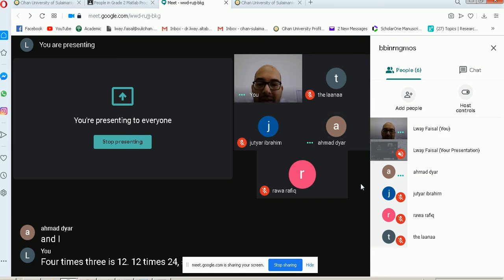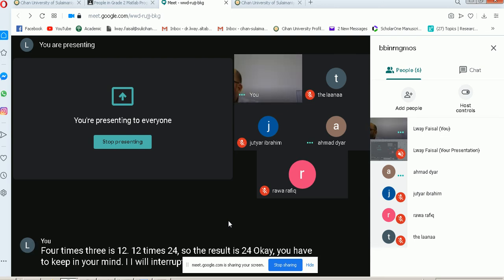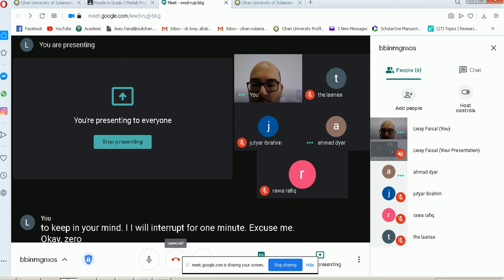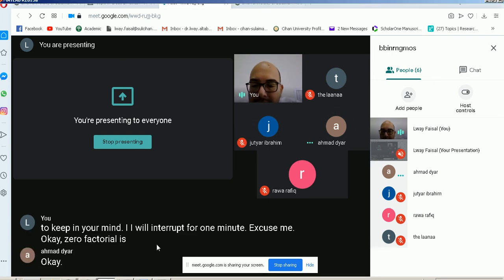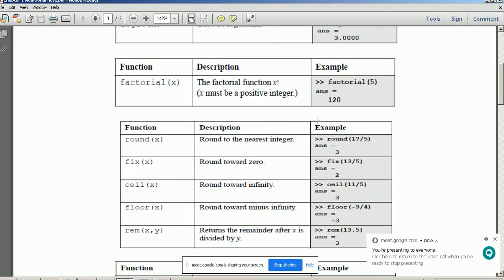Okay, you have to keep in your mind that 0 factorial is 1. Let me exercise this in MATLAB. You see, this is factorial.